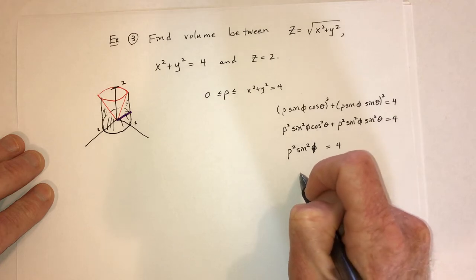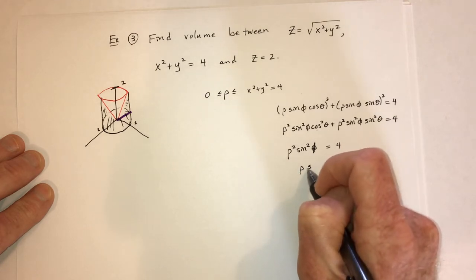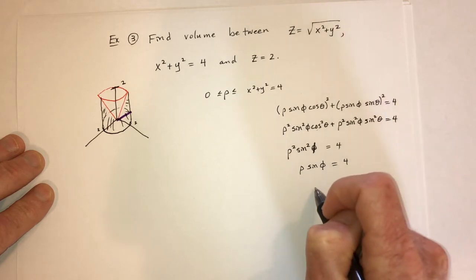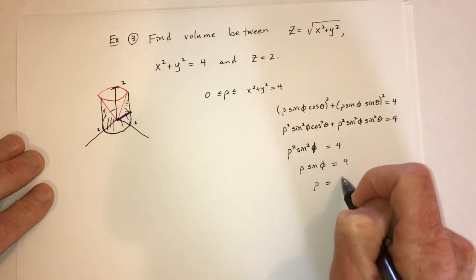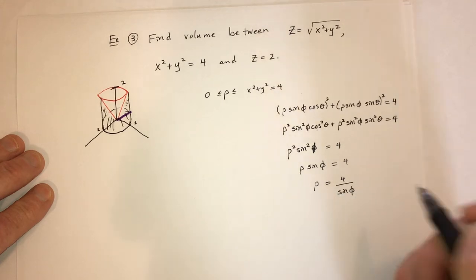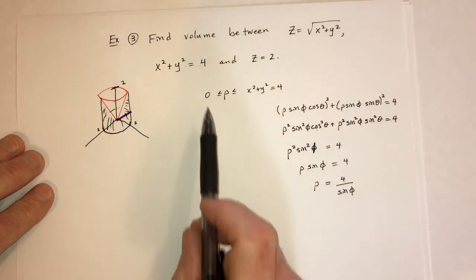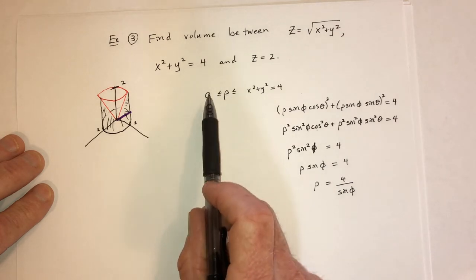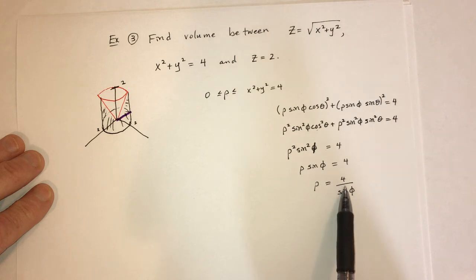And we could take the square root of both sides. So rho times sine of phi is equal to 2, or rho is equal to 2 over sine of phi. So that's saying that it's going from 0. What does rho range between? It ranges between 0 and this function right here.